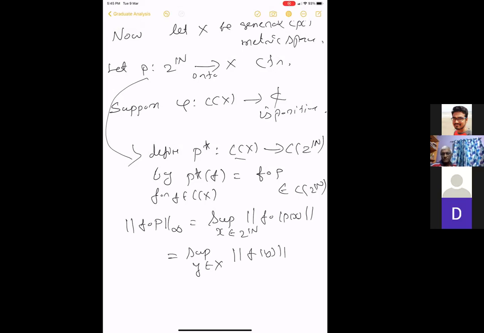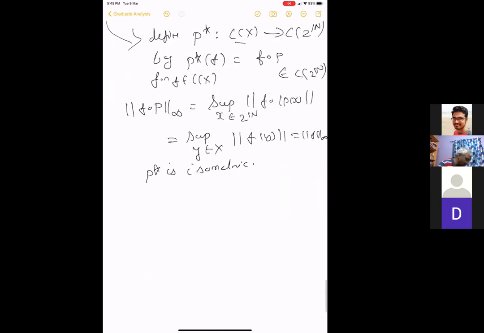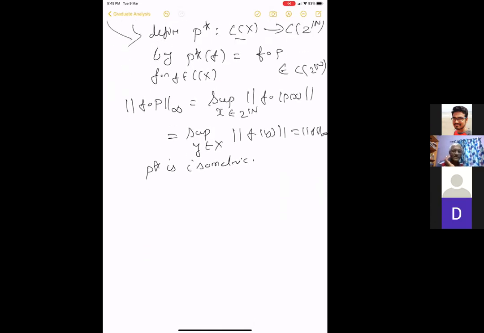Because p is surjective, that is equal to the infinity norm of f. Okay, so p star is isometric. In particular, it is one-to-one also.